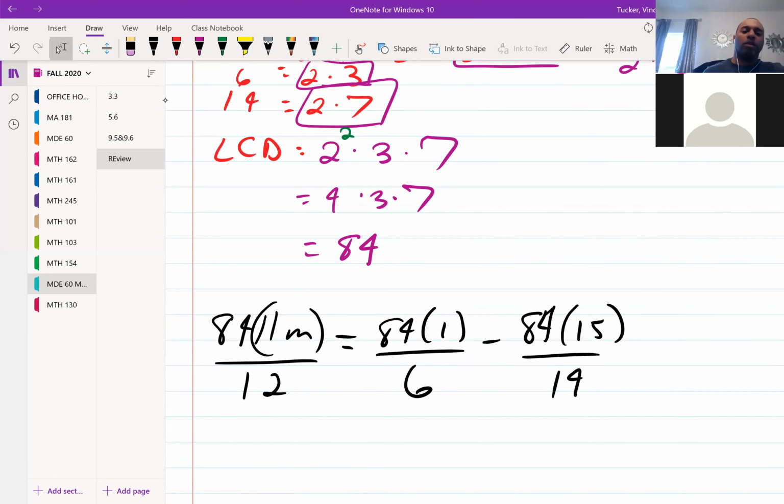Okay. So 12 divides into 84, leaves you with 7. 6 divides into 84, leaves you with 14. And then 14 divides into 84 and leaves you with 6.